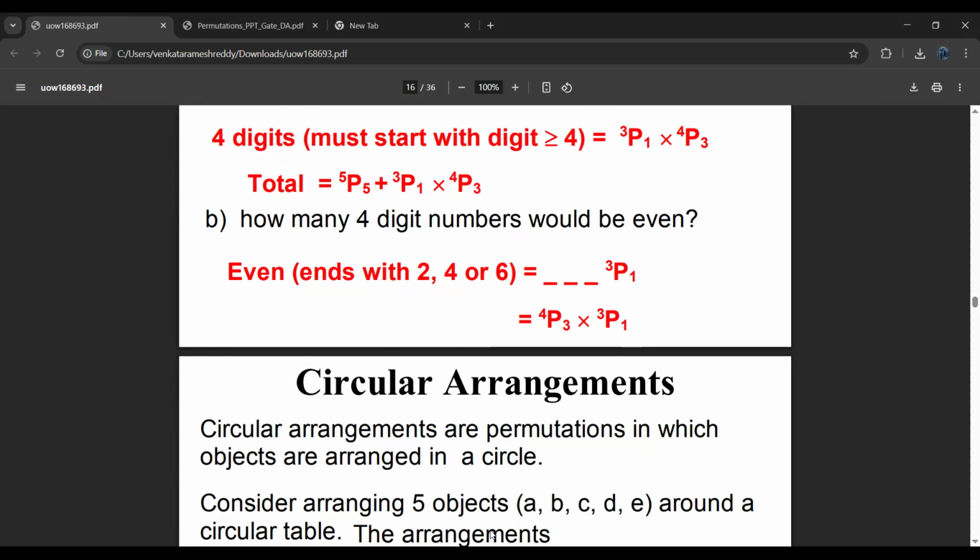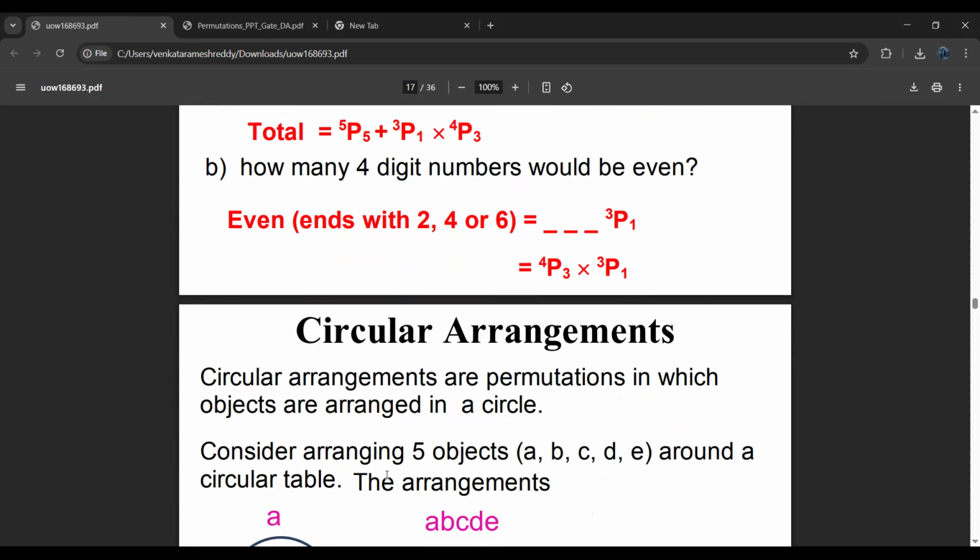So it can be arranged in 3P1 ways. The remaining positions, out of four, we arrange in three places, so 4P3. So it is 4P3 into 3P1. These are the possibilities. Next we can see circular arrangement.